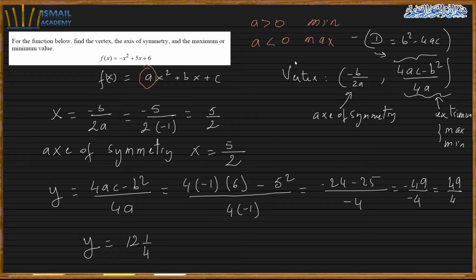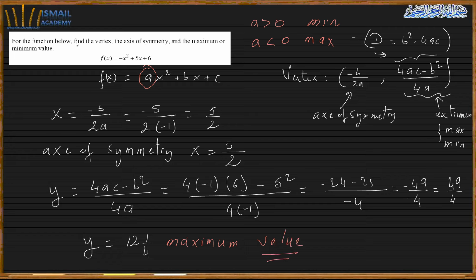So this is exactly how we define if it's max or min. Just check the sign of the leading coefficient, which is minus 1 here. So it's negative, that means it's a maximum. That means this one is my maximum value. If it's positive, it becomes the minimum value.